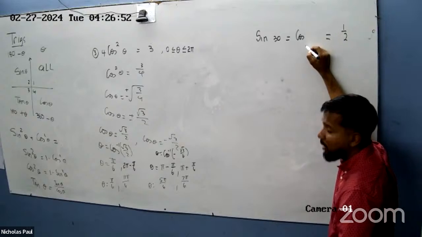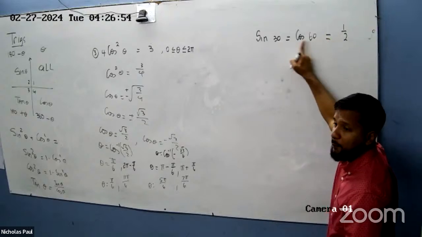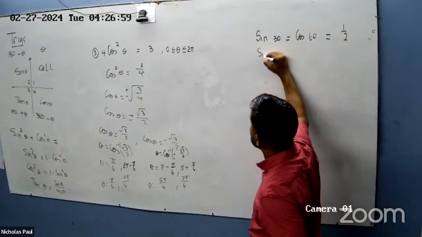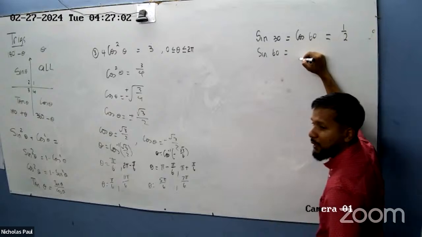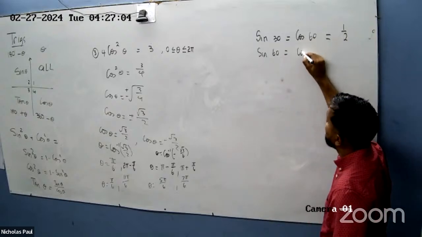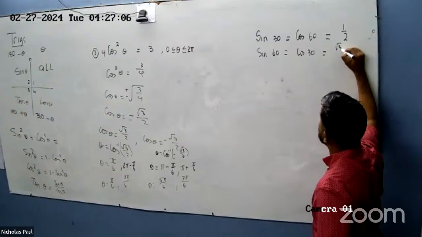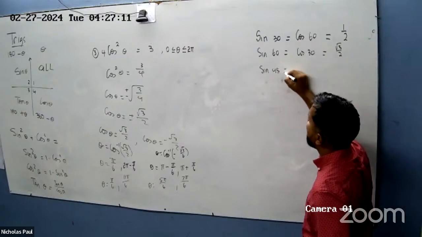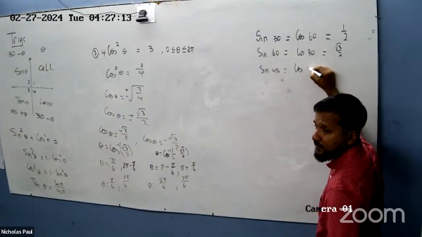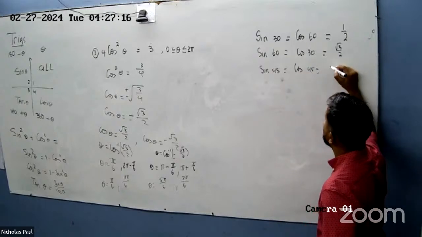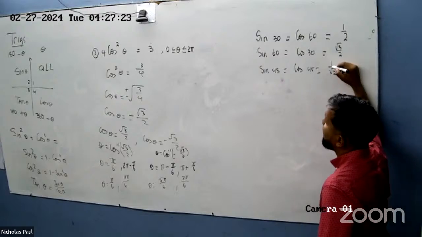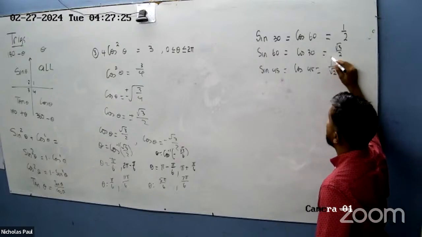Cos 60. These two numbers must always add up to 90. Okay? So therefore, sine 60 is equal to what? Cos 30. And the answer is root 3 on 2. Sine 45 is always equal to cos 45, and the answer is 1 over root 2. Right? Or some will give you root 2 on 2.